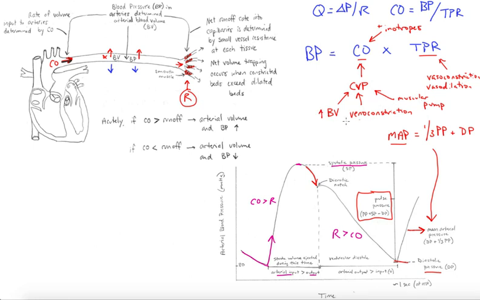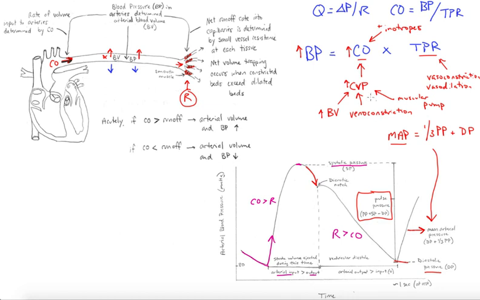Increasing blood volume increases central venous pressure. Venoconstriction increases central venous pressure. Muscular pump increases central venous pressure, which of course increases cardiac output, which of course would increase blood pressure. And of course we could go the opposite direction with all these. Remove the muscular pump, remove the venoconstriction, decrease blood volume, and then all these arrows go the opposite direction.